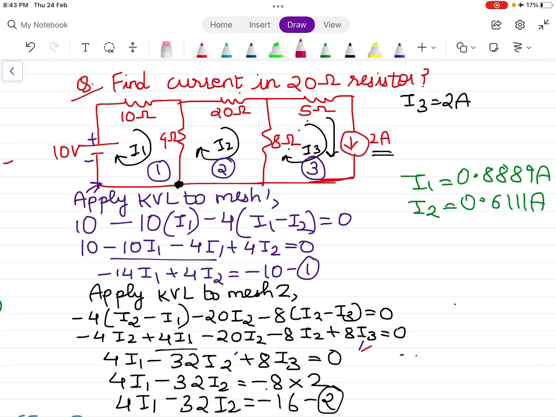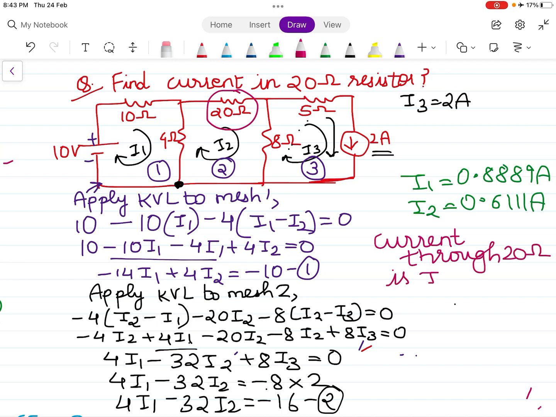So current through 20 ohms is I2. So I write here, current through 20 ohms is I2, which is equal to 0.6111 amperes. Correct.